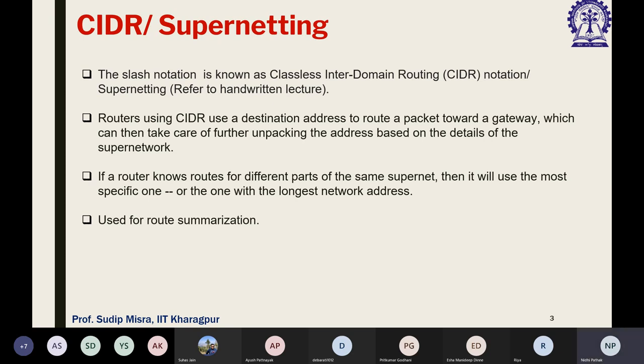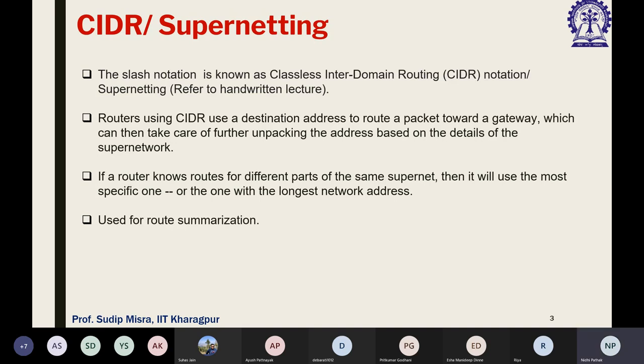Those 4 routing table entries can be combined with the help of aggregation to have only a single routing table entry. So you are cutting down on the number of routing table entries through the process of aggregation. This process of aggregation is called supernetting.